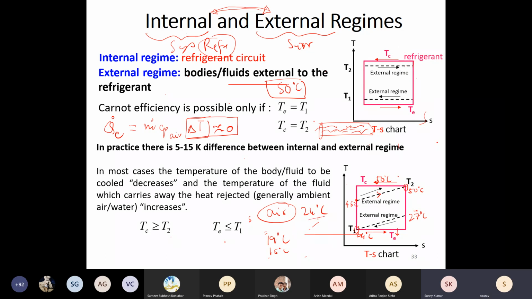So your requirement is outlet should be 24. In order to maintain the air outlet from the indoor unit at 24, your refrigerant would be boiling at even lower temperature, so that with this delta T, you are able to absorb the heat.